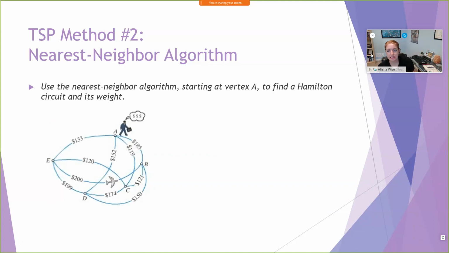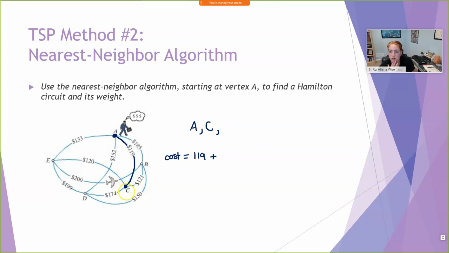So we're going to use the nearest neighbor algorithm on our traveling salesman, Willie. We're going to start at A. Now, I need to pick the cheapest neighbor to visit. B is 185, C is 119, D is 152, and E is 133. So I'm going to travel to C, and I'm going to write down the cost as I go.